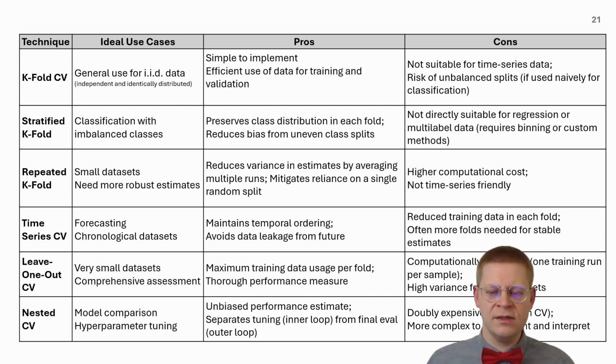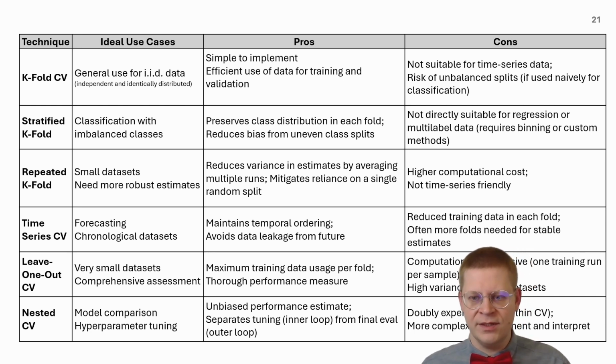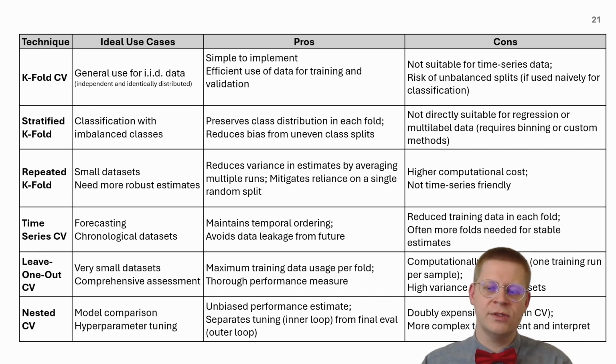The downside is that it is computationally heavy. We are effectively doing cross-validation within cross-validation, and it can be more complex to implement. But if you are comparing multiple models or want a truly robust metric, it's often worth the extra effort.